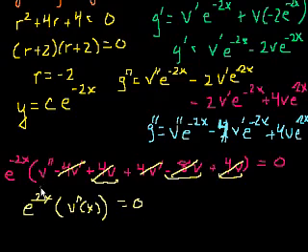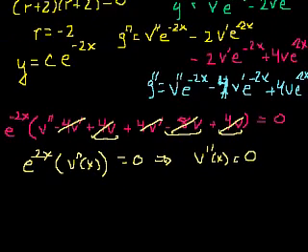We know e to the minus 2x can never equal 0, so essentially we have now established that this expression has to be equal to 0, and we get a separable second order differential equation. We get that the second derivative of v with respect to x, as a function of x, is equal to 0. So now we just have to take the antiderivative of both sides of this equation twice.